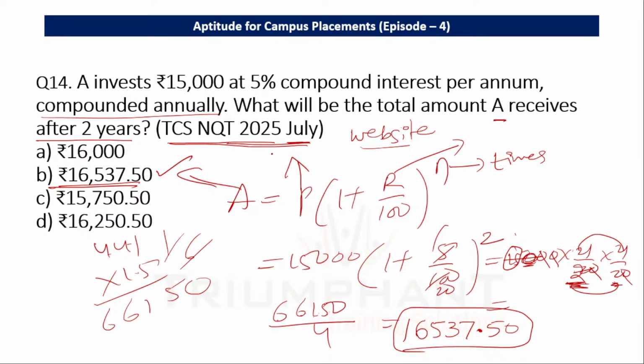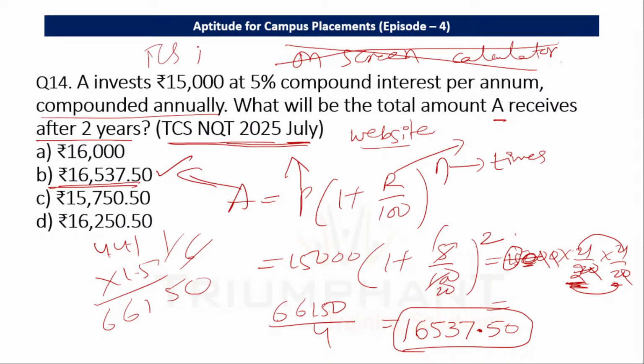By the way, some students are asking me, sir, is the calculator allowed in the exam? Yes, in the TCS exam, the on-screen calculator is allowed. But students who have taken the exam shared their experience saying that the on-screen calculator is not at all comfortable to use, because the computers from which you are taking the exam, either in a TCS iON center or from your college lab, are not touch screens.